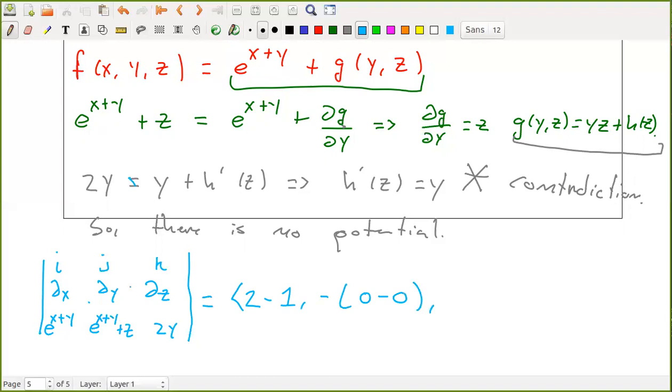And the third component is going to be the x derivative of e to the x plus y plus z, that's e to the x plus y, minus the y derivative of e to the x plus y. And this is equal to 1, 0, 0. In other words, the curl of this vector field is not equal to 0.